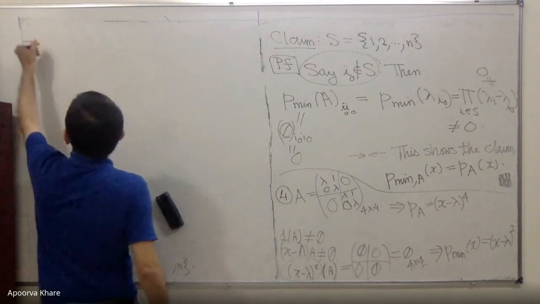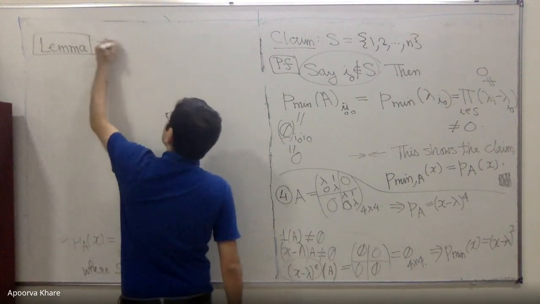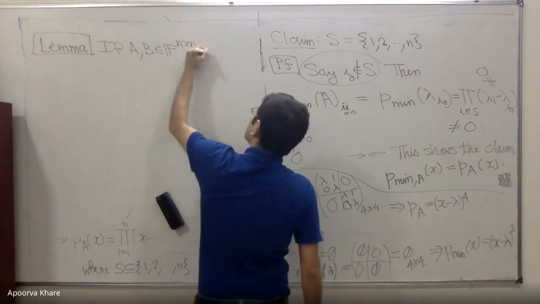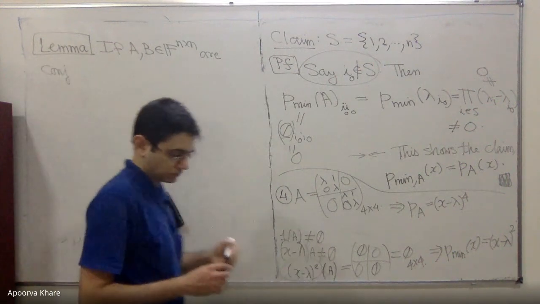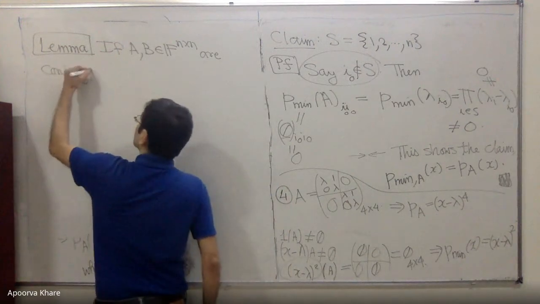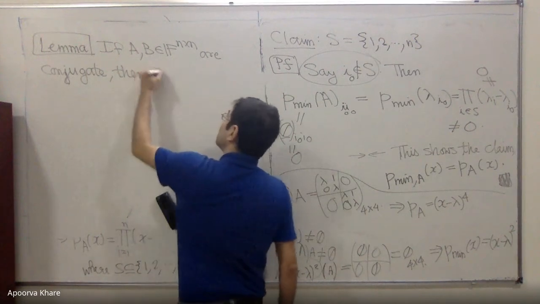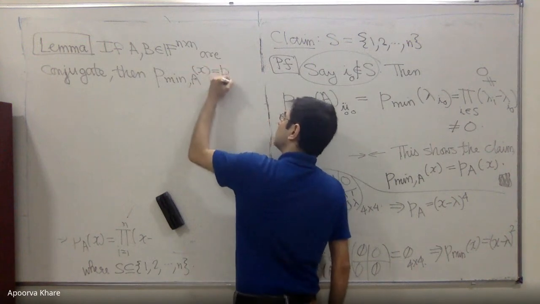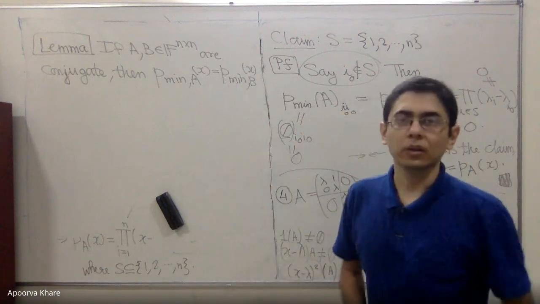Okay, so lemma. If A and B, which are matrices in F to the n cross n, are conjugate, then their minimal polynomials are equal: P min comma A of x equals P min comma B of x. Okay, so proof.